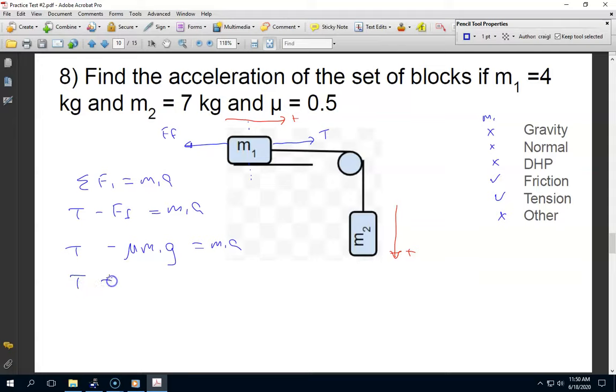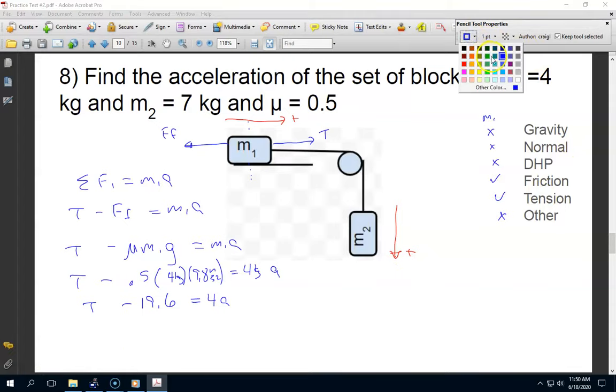T minus coefficient of friction, which was 0.5, mass 1 is 4 kilograms, G is 9.8 meters per second squared, and that's equal to 4 kilograms times A, which I don't know. Cook all this down, you'd have half of 4 would be 2. 2 times 9.8 is 19.6. Make it just as simple as you can. That's the equation that governs how mass 1 is going to move, or at least accelerate.